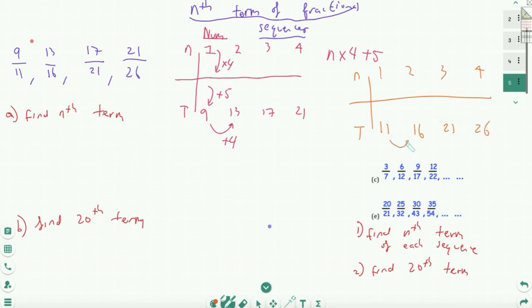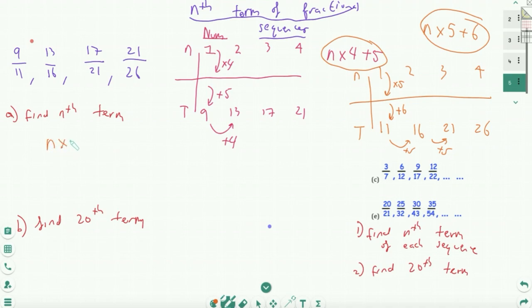We know the term-to-term rule is plus 5, so we multiply by 5. 1 multiplied by 5 is 5, plus 6 is 11. So it's going to be n times 5 plus 6. So we have two sequences. Our numerator sequence is n times 4 plus 5, and our denominator sequence is n times 5 plus 6. And that's our answer, guys.